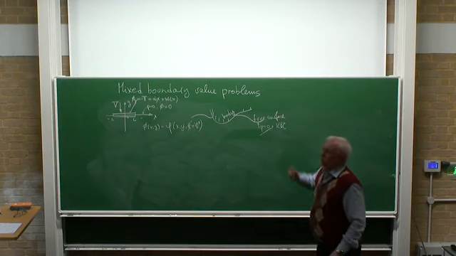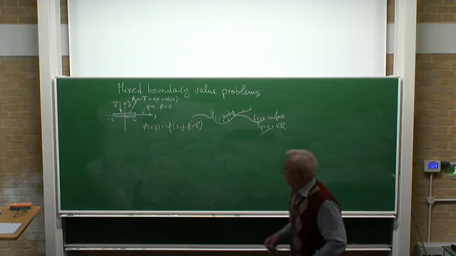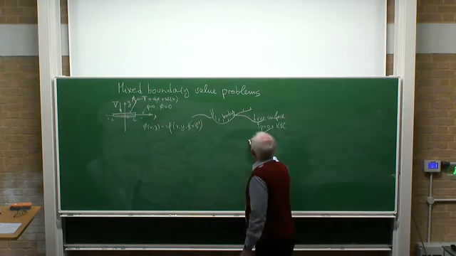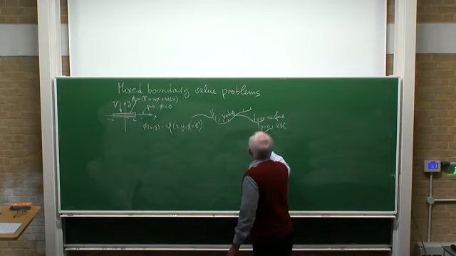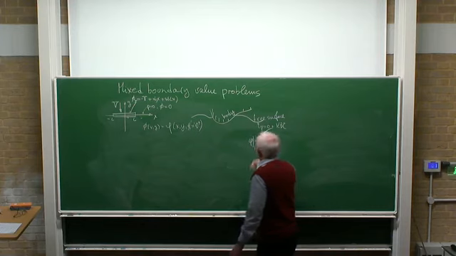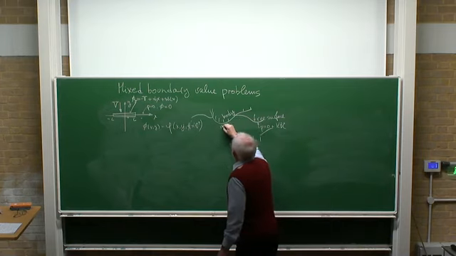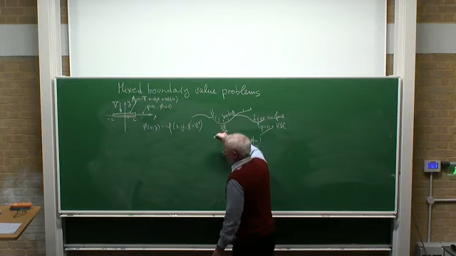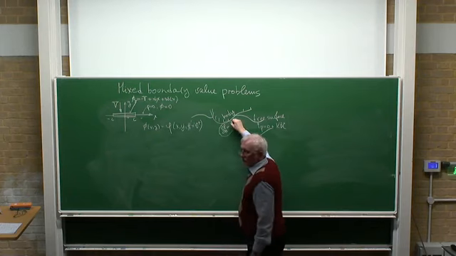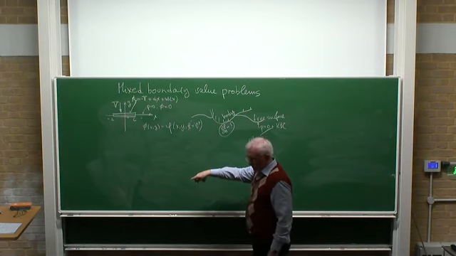If we solve this problem by steps in time, then at each step we are saying that the potential on the free surface is given. Then the normal derivative, or normal velocity, on the body surface is given. And then we arrive at the same mixed boundary value problem.